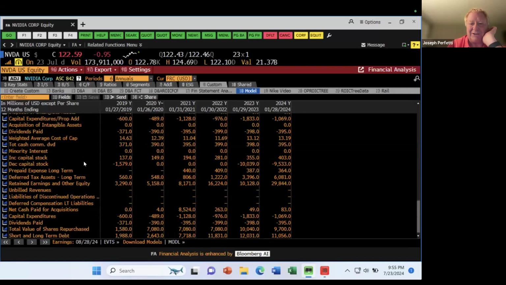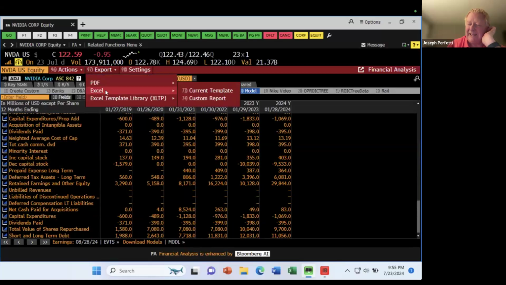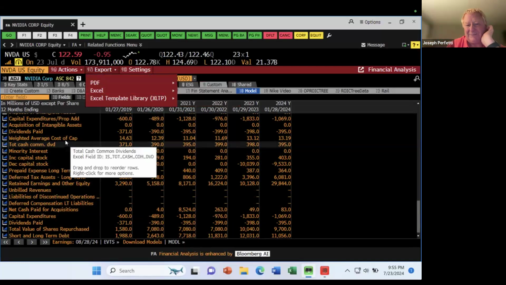Just reverse engineered. Export to Excel. That's what I gave you. So the point is, the adjusted statements in Bloomberg might change from company to company, but the standardized statement we've created in our model does not. And these are the things that lead to the standardized statements.